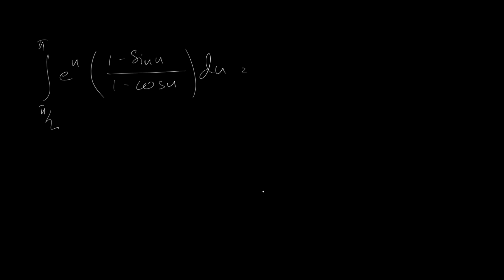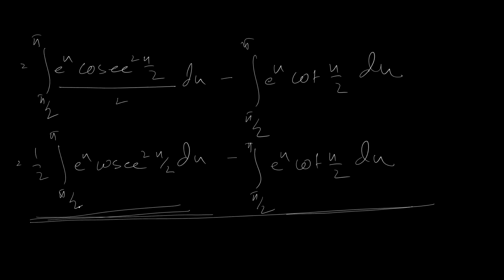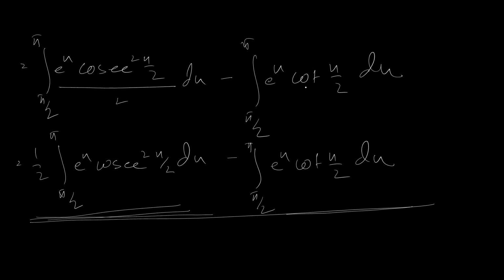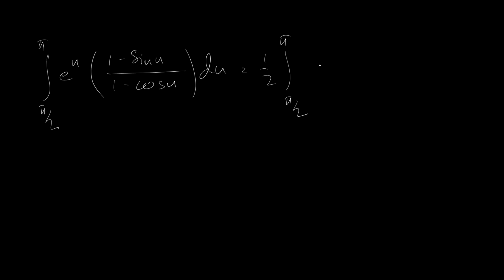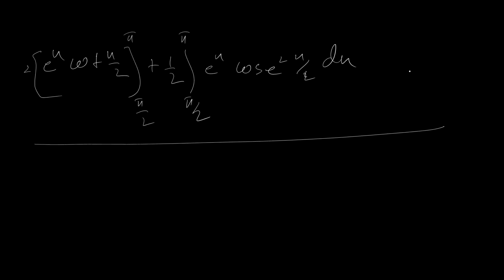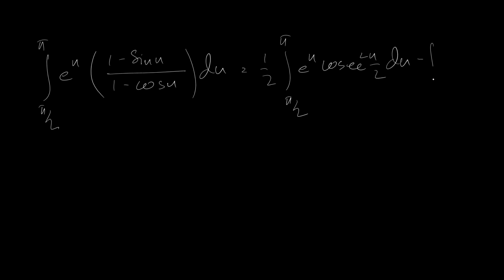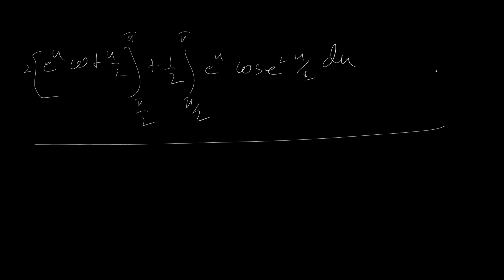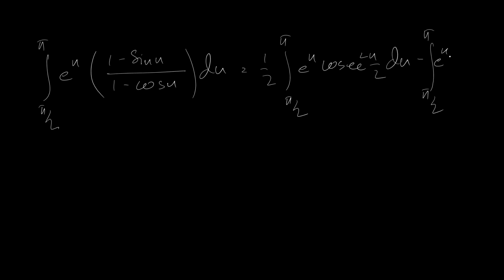What I have got is 1/2 the integration from pi/2 to pi of e^x cosec square x/2 dx, then minus the integration from pi/2 to pi of e^x cot x/2 dx. Yes, this is what I got.